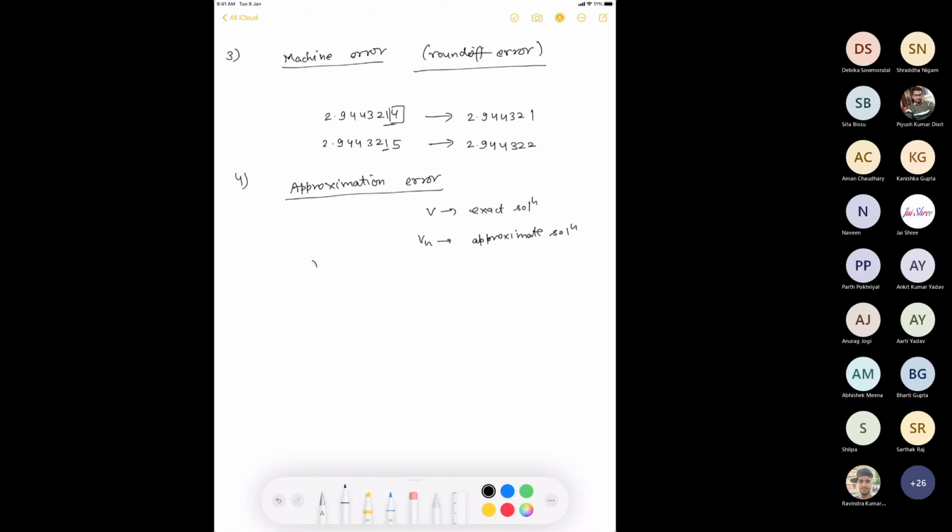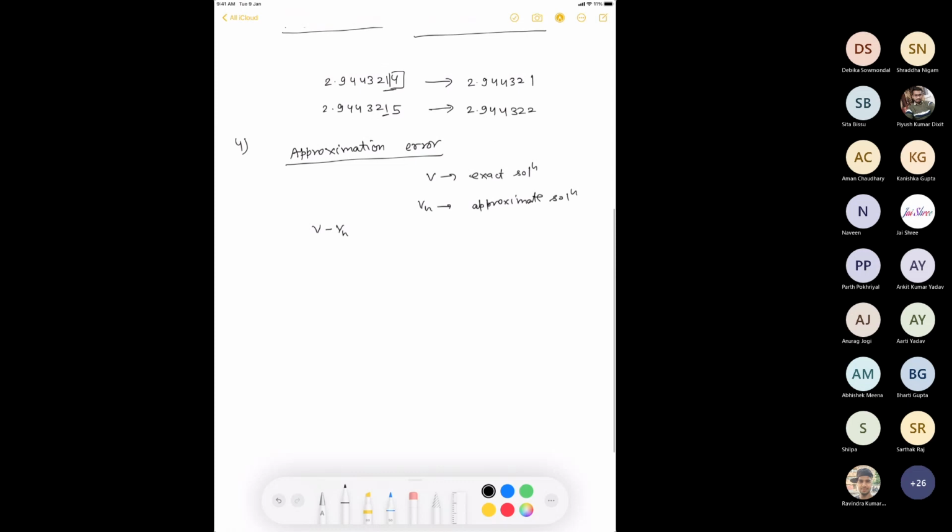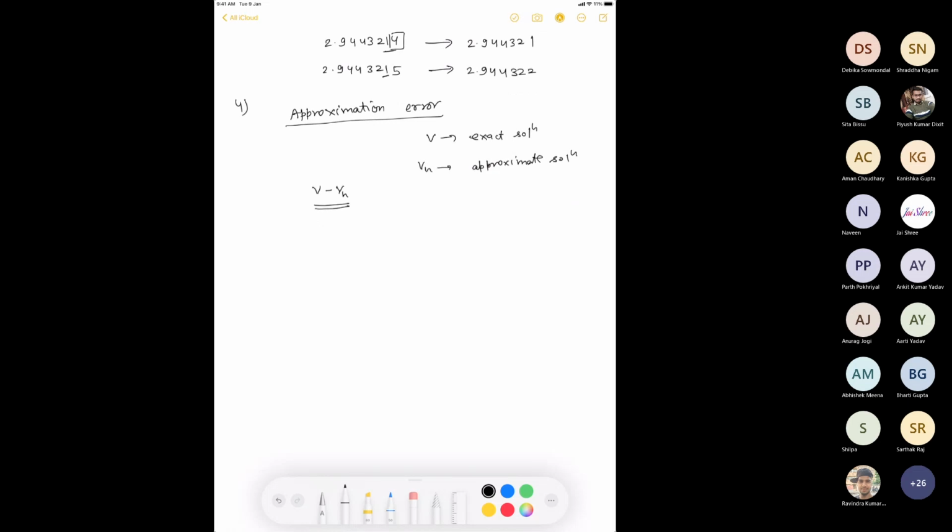Basically, we want to analyze the approximation error, which is V minus Vh. We will be seeing in different norms how this error behaves. So for all the methods which we are going to see in this course, we will be interested in the numerical approximation, but at the same time, we will also be seeing what is the error we are committing when we are approximating by those numerical methods.